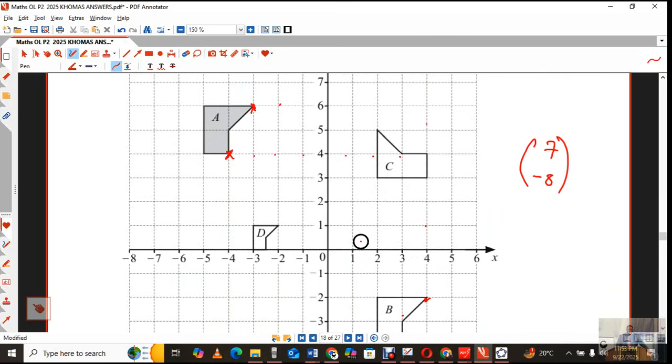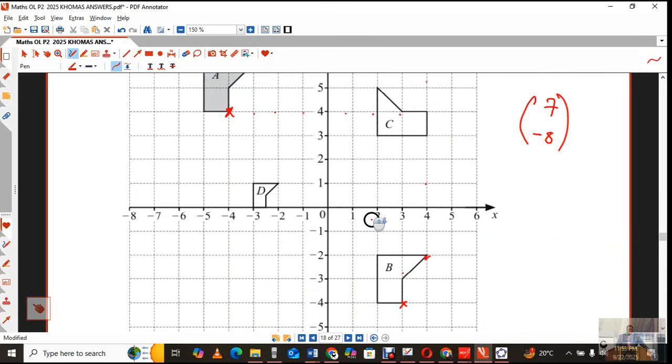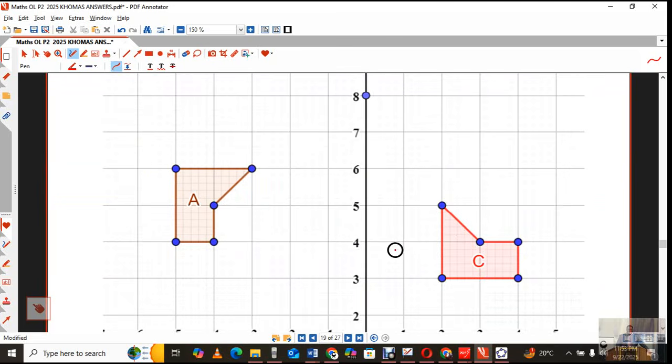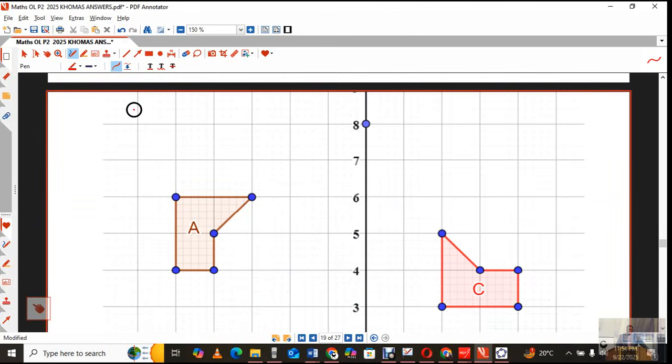A onto C. Now, where you look at A and where C is, this one can be a little bit tricky. So I have done it over here. Say you have your tracing paper. You'll be tracing this one, right? And you are going to look for a point with your pencil, and you're going to turn it. You will find your point to be this point here, which is the point (0, 8).